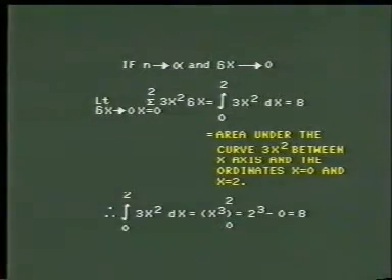Therefore, integral of 3x square dx, x varies from 0 to 2, is equal to x cube, x varies from 0 to 2, which is equal to 2 cube minus 0, which is equal to 8.